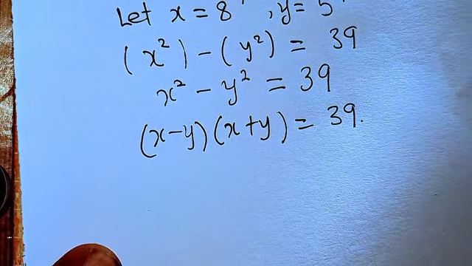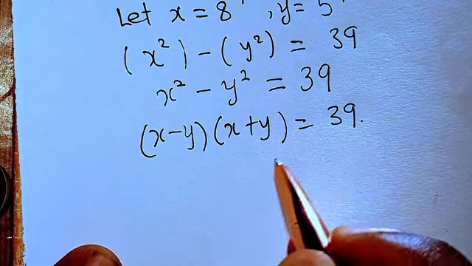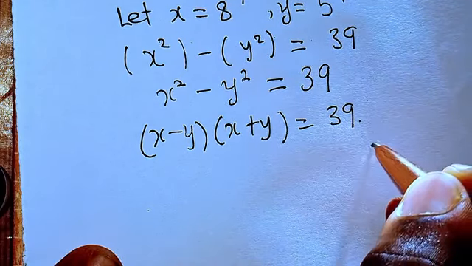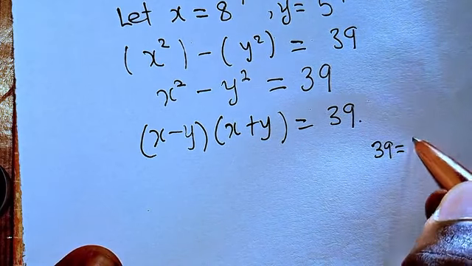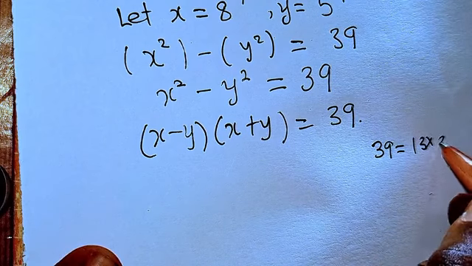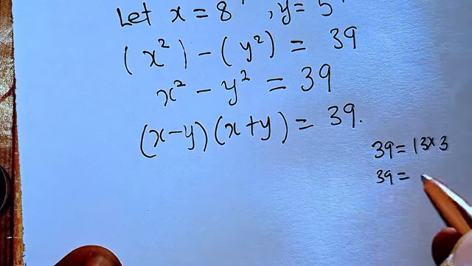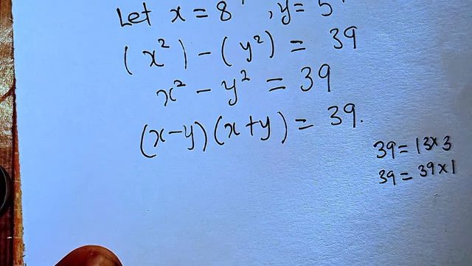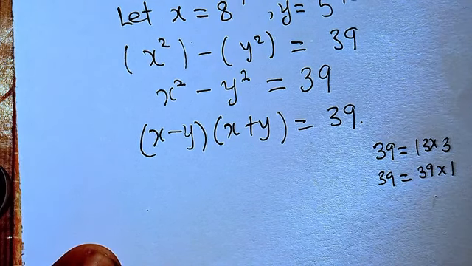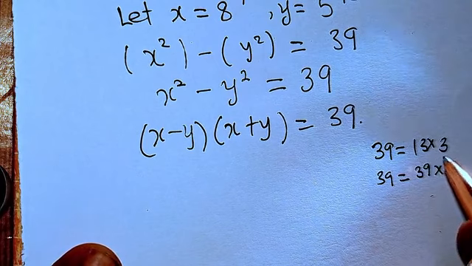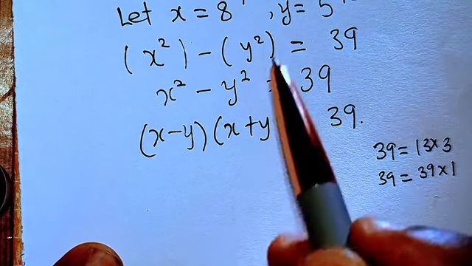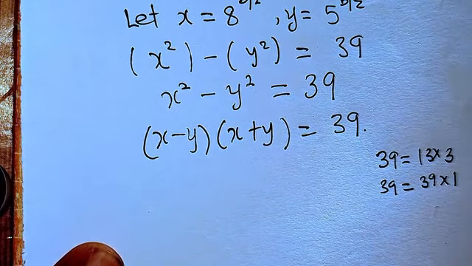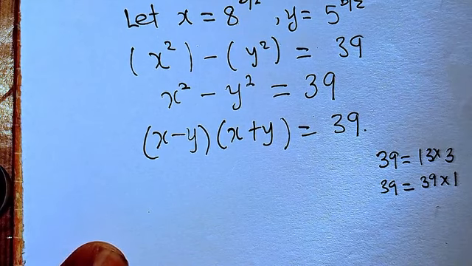So now from here, let's see how we can factorize this 39. You know 39 can be expressed as 13 times 3, and we have 39 equals 39 times 1. According to what we have here, don't forget that the value of a we must be looking for must belong to the set of integers.